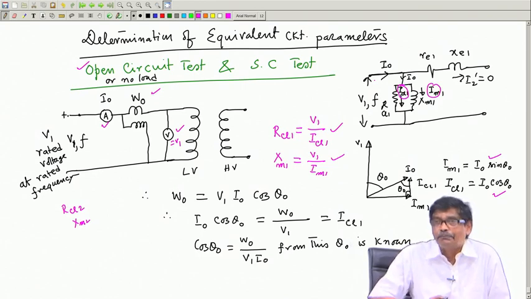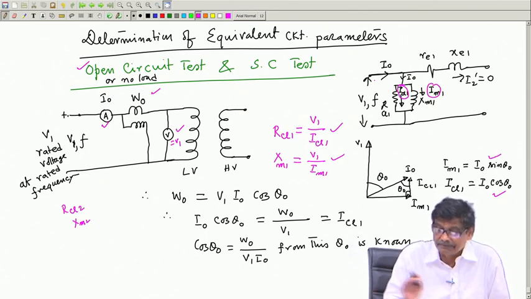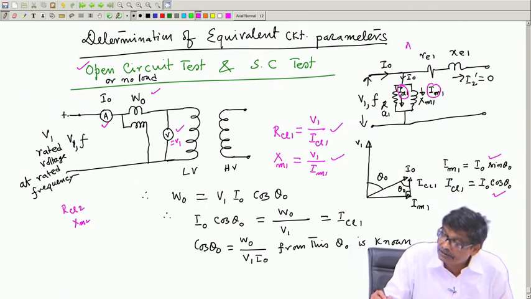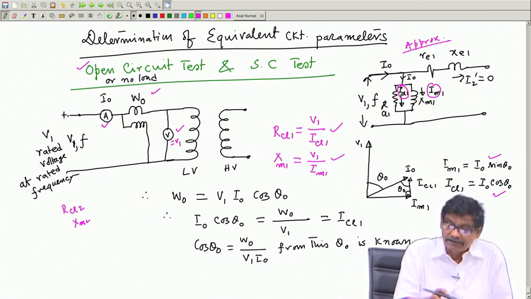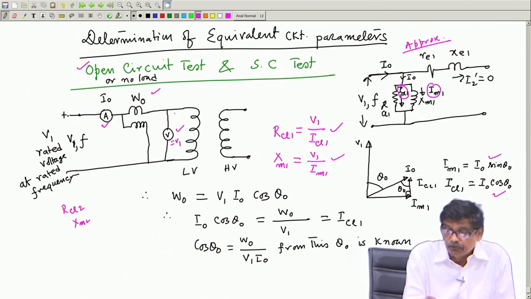Only just one point. As I told you, this is the approximate equivalent circuit, okay? Approximate equivalent circuit. But if you honestly look at the circuit, you will find this no load current is flowing through winding resistance as well, is it not?